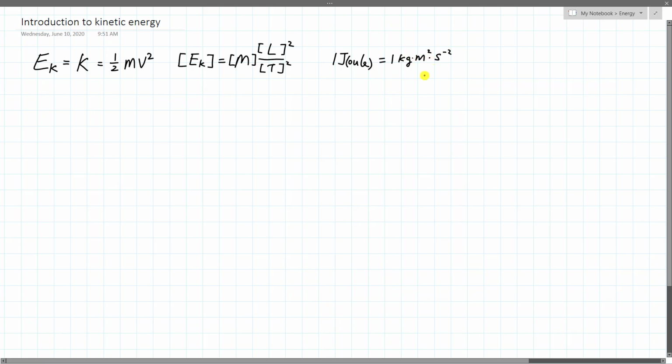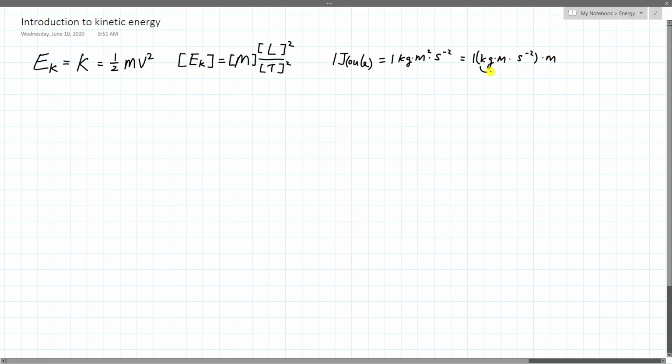It's a bit complicated, but we can rewrite it as 1 kilogram meter per second squared, and we're missing a meter, so this whole thing is multiplied by a meter.